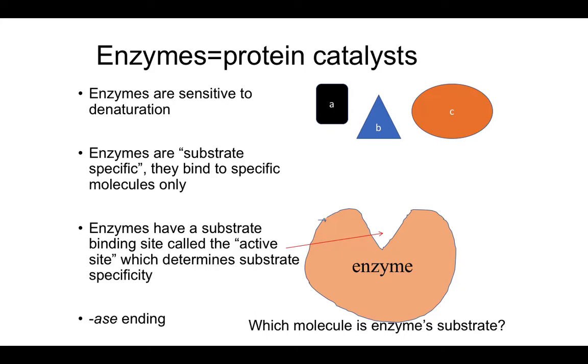You'll recall that for metabolism, cells use organic catalysts. And the organic catalysts we spent most of our time talking about are protein catalysts called enzymes. Since they're made of proteins, they demonstrate all the characteristics of proteins. They'll be sensitive to denaturation, so if they unfold, they can't function. We say that they're substrate specific, so if this is a globular enzyme, this little groove here is called the active site or substrate binding site, right?